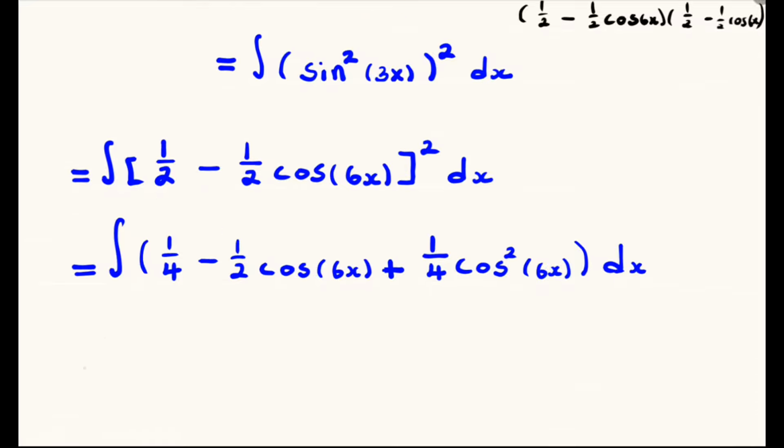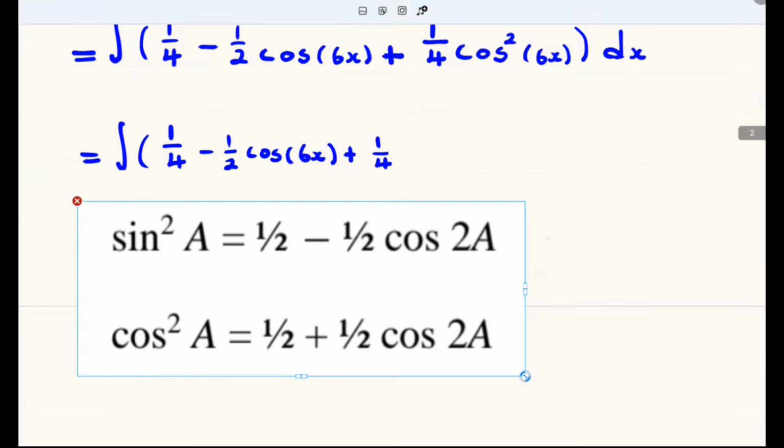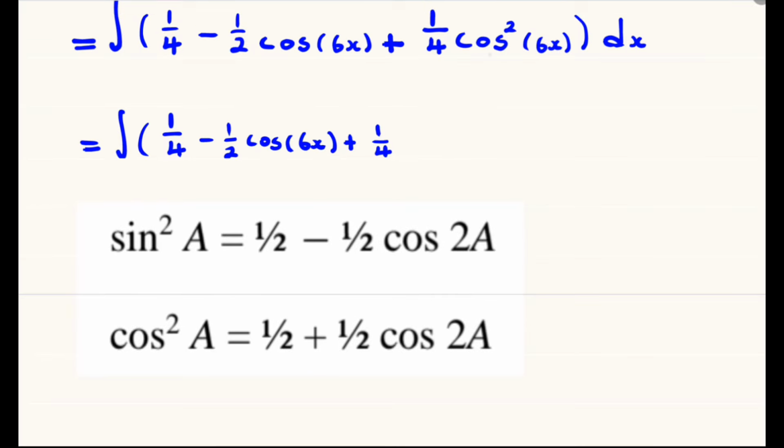This will be equal the integral of 1 over 4 minus 1 over 2 cos 6x plus 1 over 4 multiplied by cos squared 6x, and we use our formula sheet, and we have that formula for cos squared a is equal to half plus half cos 2a.